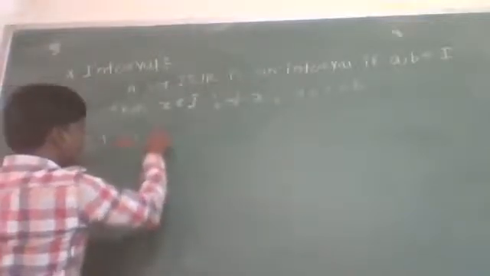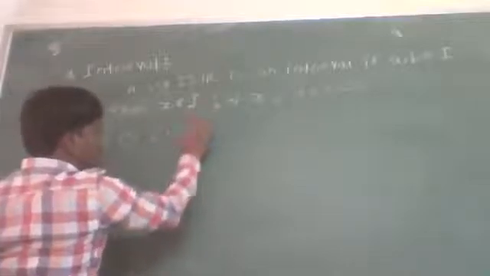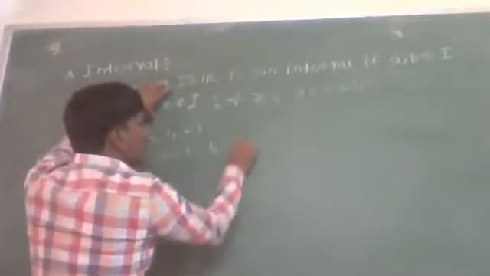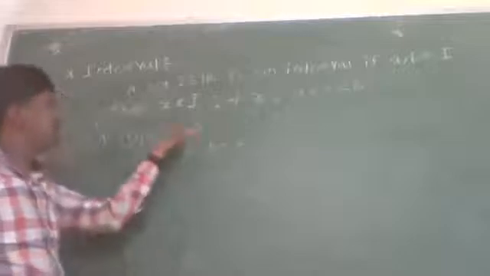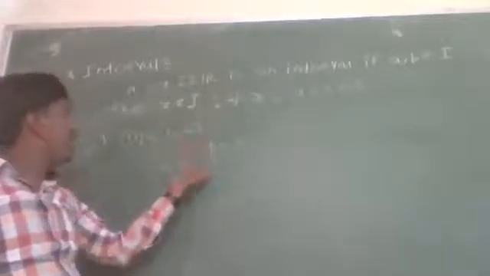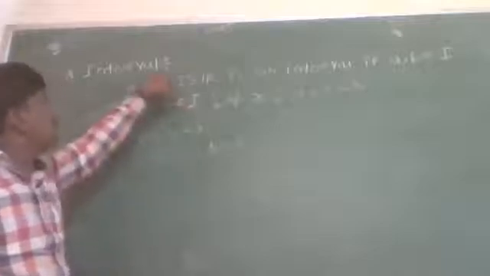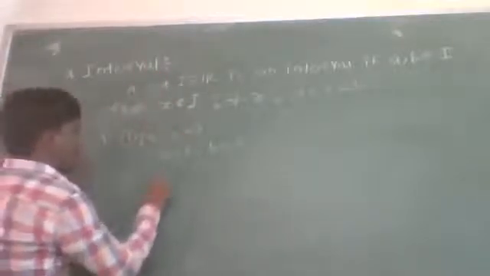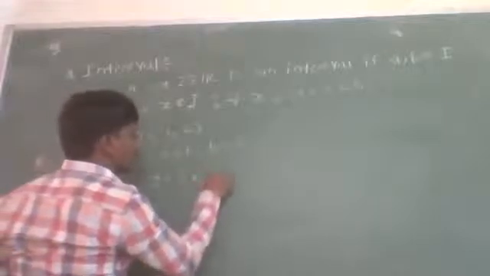For example, take the first one: I equal to the open interval 1 comma 2. Here A is equal to 1 and B equal to 2. If we take any element between these two numbers, it is again a member of this I. So from the definition of interval, this one is an interval. Suppose the second one is I equal to the set 1, 2, 3.